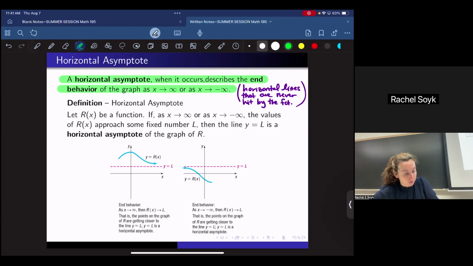Then our formal definition: as x approaches infinity or as x approaches negative infinity, the value of your function approaches some fixed number L, which represents, once again, that horizontal line.